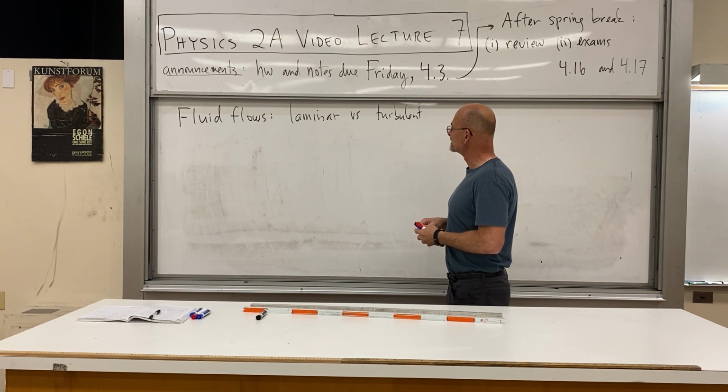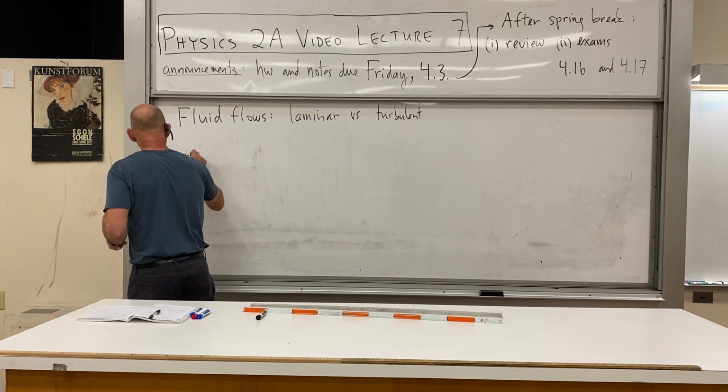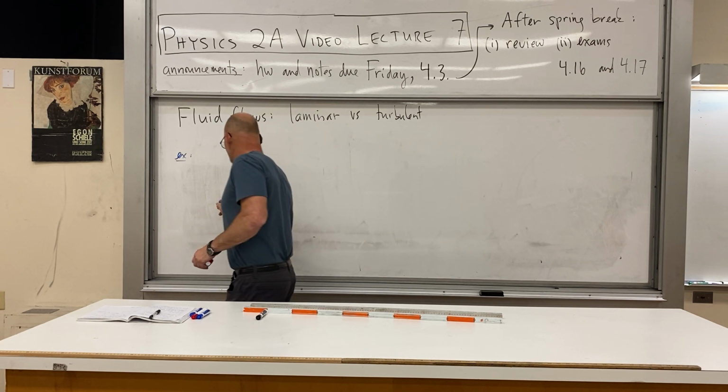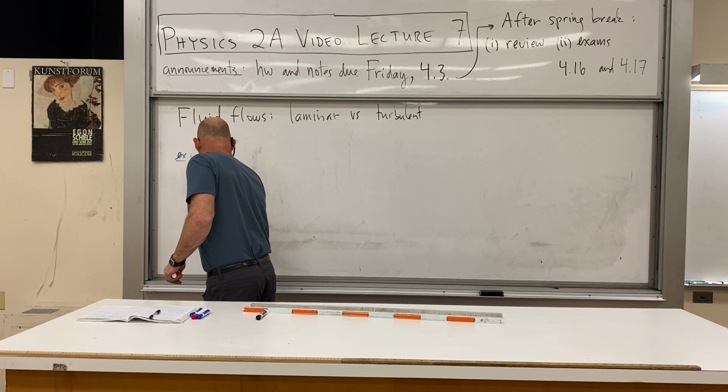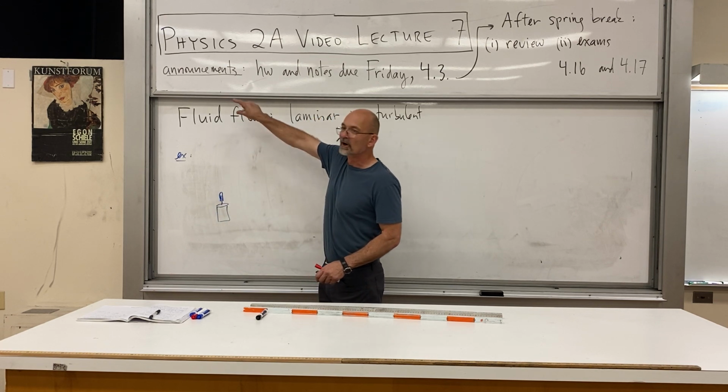Actually, a nice example of this, there are so many, but if you have a candle burning and you ever snuffed a candle, okay, so I'll have a candle here. There's its flame. If we snuff the candle, then we'll see a little train of smoke going up.